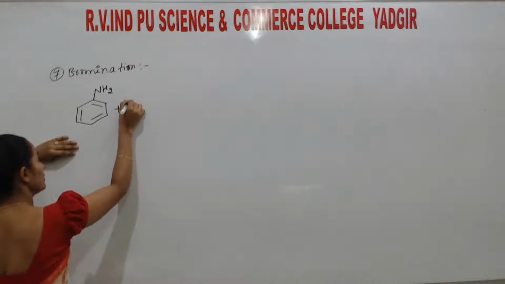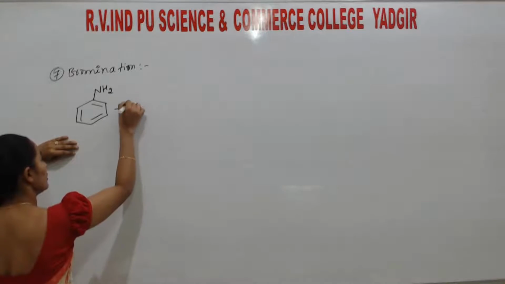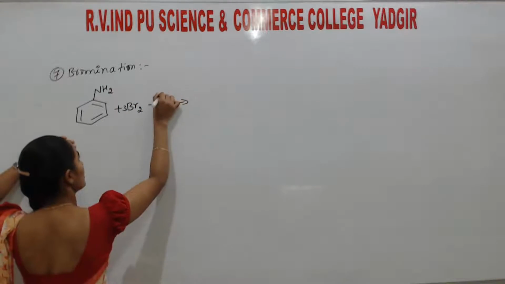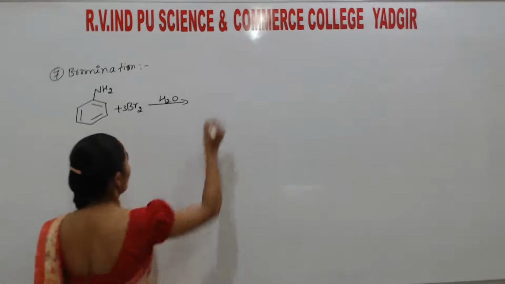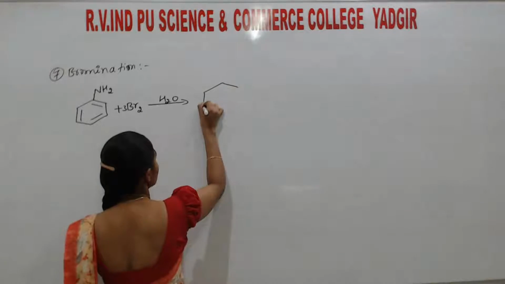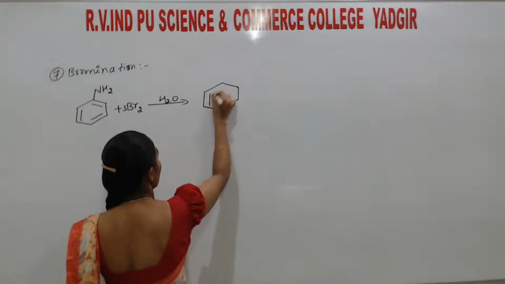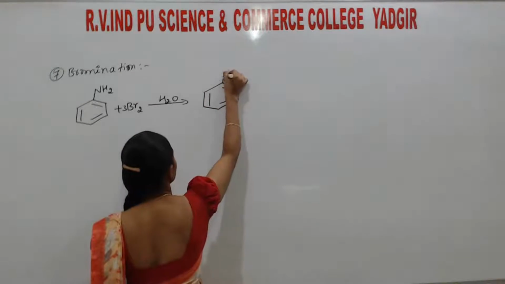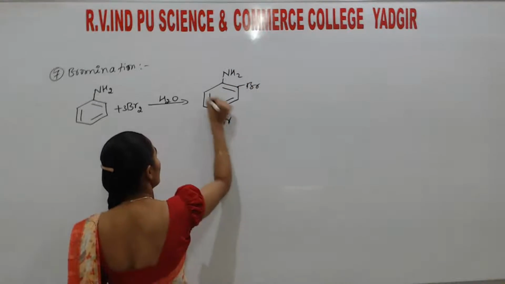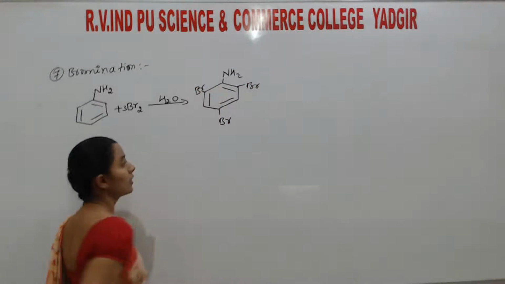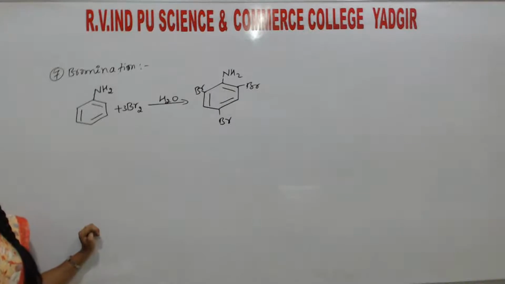This aniline reacts with bromine water, therefore a tri-substituted compound forms, where NH2 is there and Br is attached at three positions.